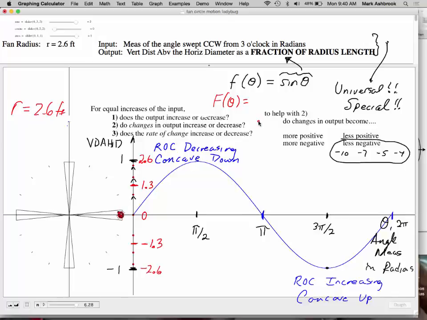What function will give us the number of feet that the bug is above the horizontal diameter? If sine theta gives us a fraction of a radius length, how would I create a rule to give me the number of feet? Okay, do it with your partner. Do it with the person next to you. So now I want the output to be the number of feet. If sine theta is the fraction of radius length, how would I compute the number of feet above? Talk to the person next to you.